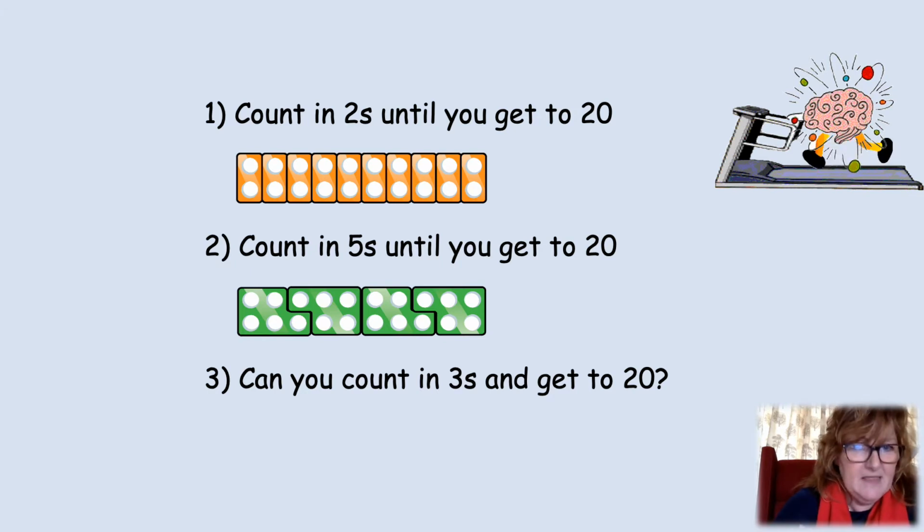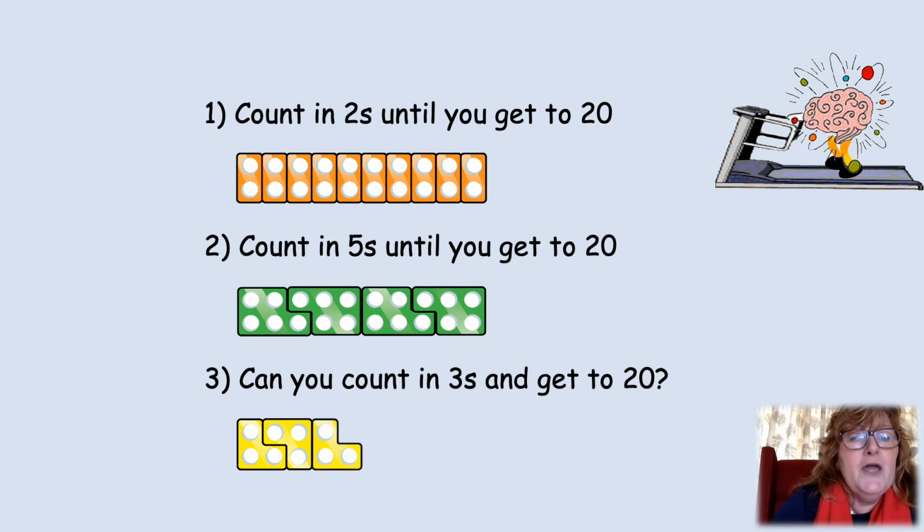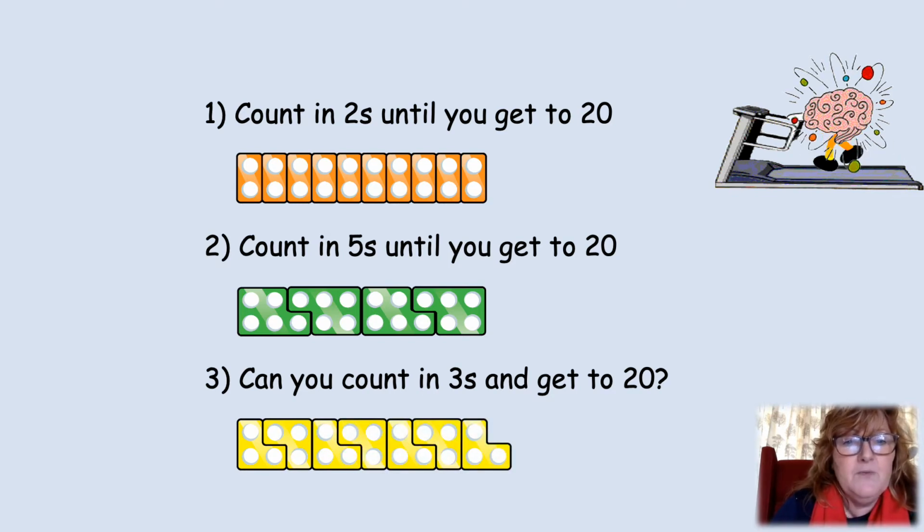I'm not going to tell you the answer. Let's discover it. 3, 6, 9, 12, 15, 18, 21. Oh, 21. That's more than 20. If I take that last 3 off, I've only got 18. So can I count in threes and get to 20?